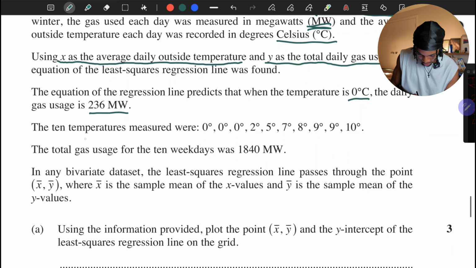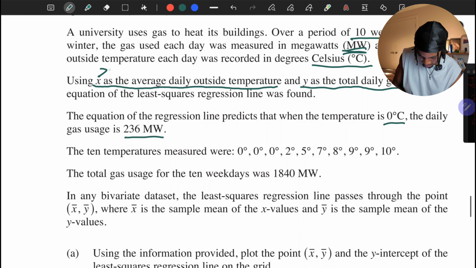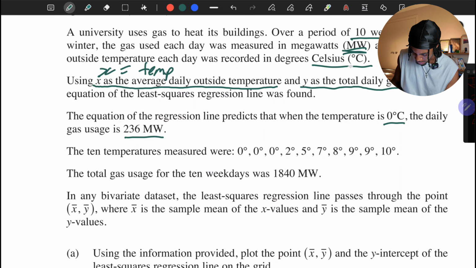All right, cool. We've got these here, so we know that X is temp and Y is gas usage.